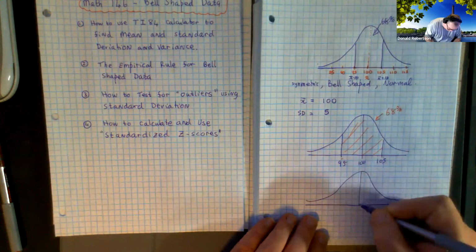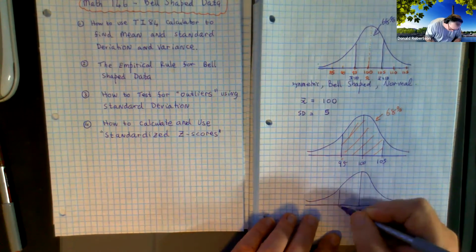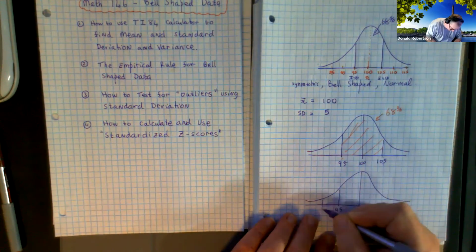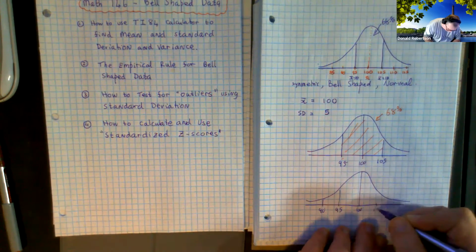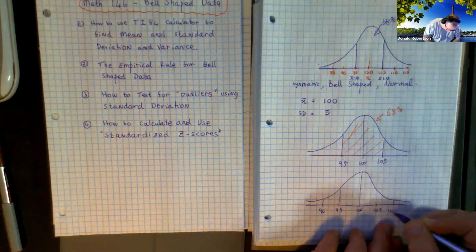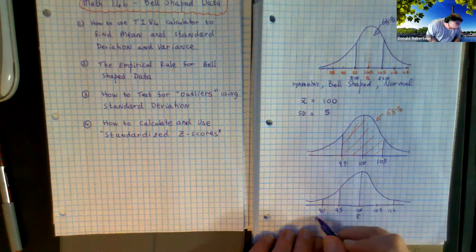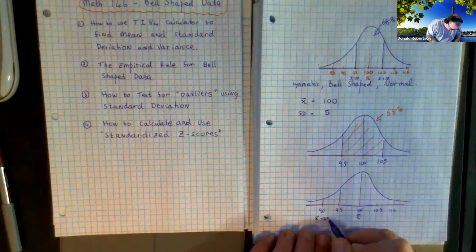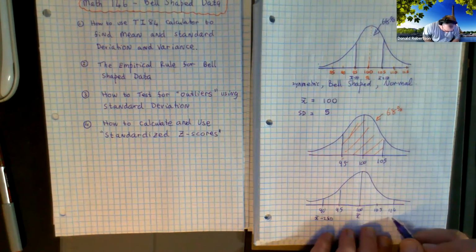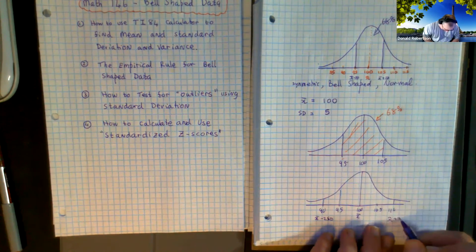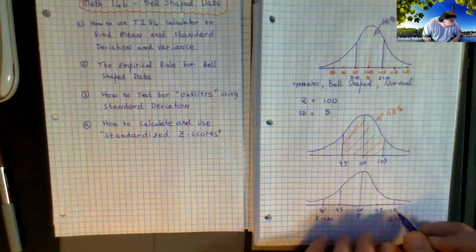There's 100 again. There's 95. There's 90. There's 105. And there's 110. If you go from the mean and you take away 2 standard deviations, you get to here. And if you add 2 standard deviations to the mean, you get to here.